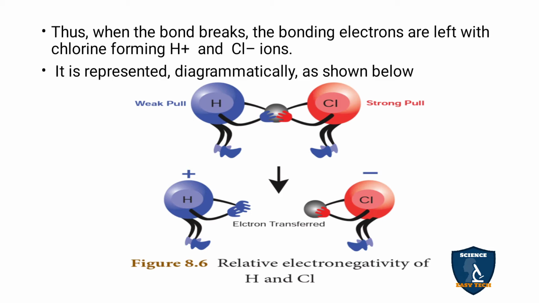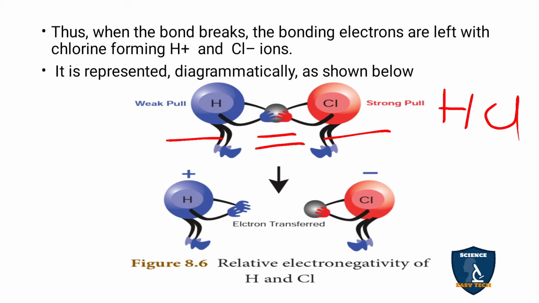This is represented diagrammatically. Hydrogen and chlorine are sharing one electron, and they have a strong bonding here. If anything happens, due to any reaction, this hydrogen chloride has to break. The breaking takes place in the bonding region.